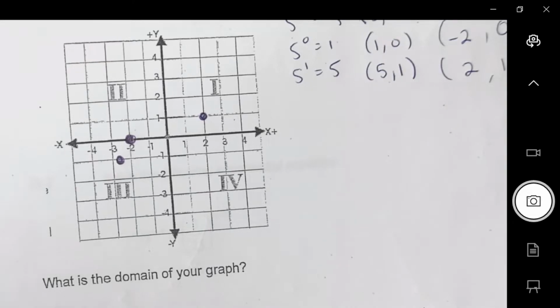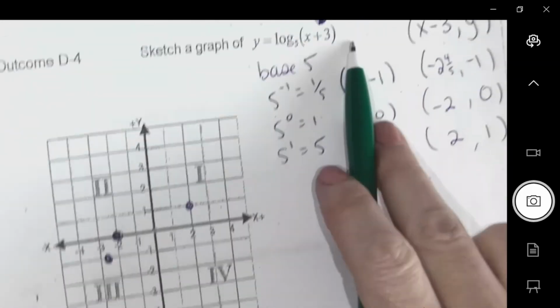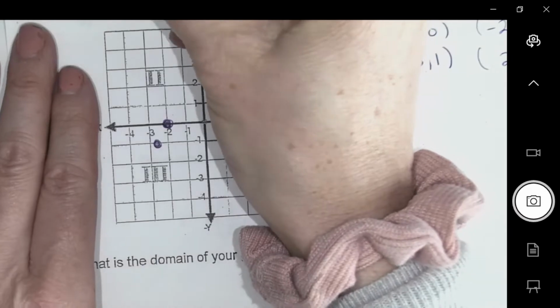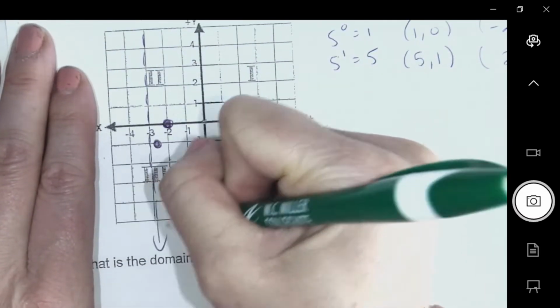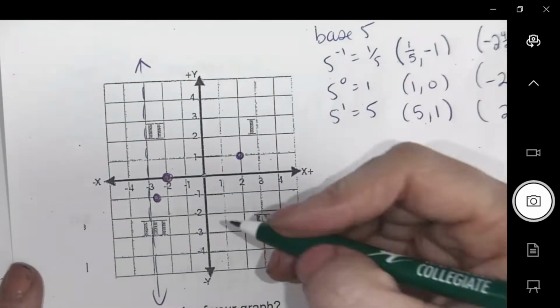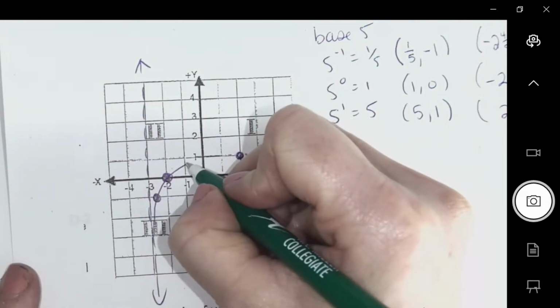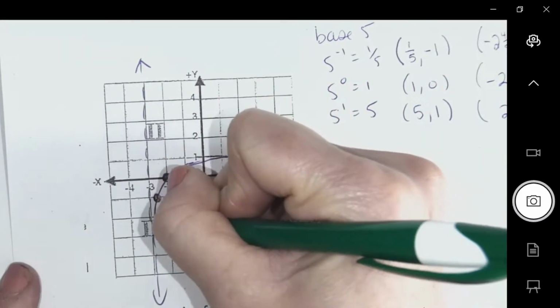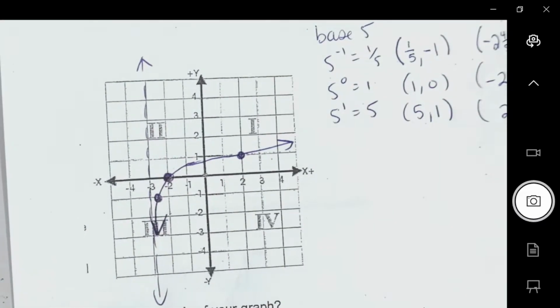So I better have just a general sense of how log shapes look and where my asymptote is. So we moved left 3. So my asymptote is vertical, and my log shape will look like that.